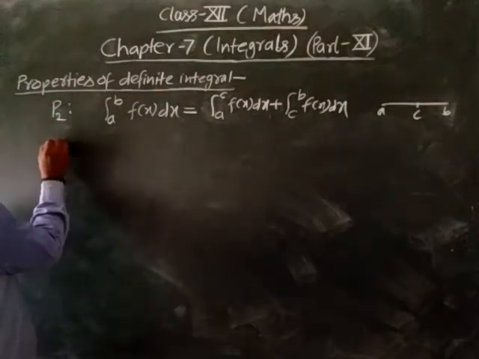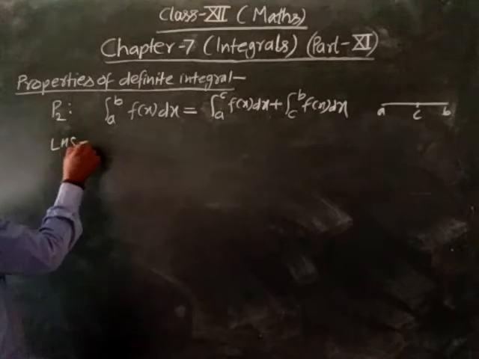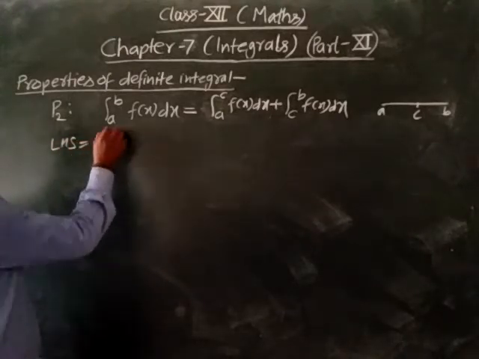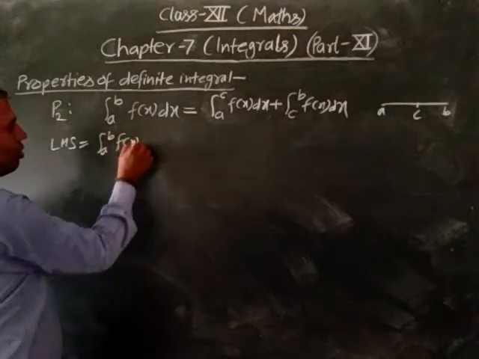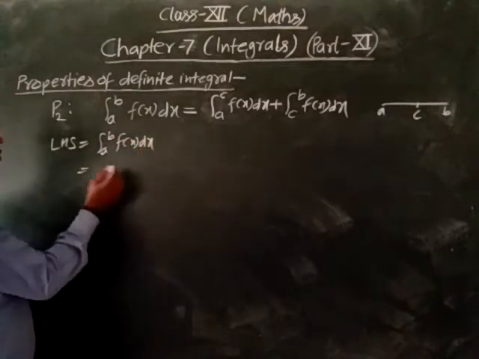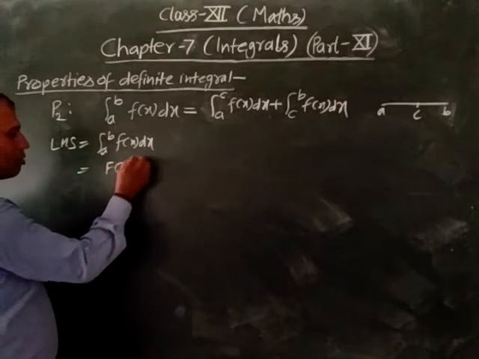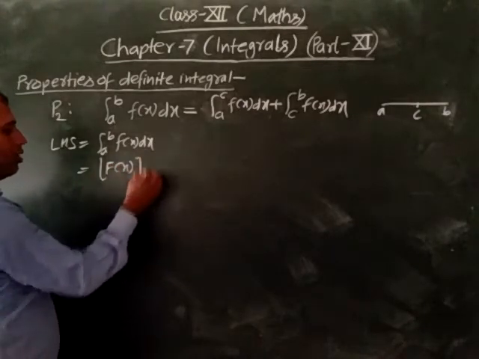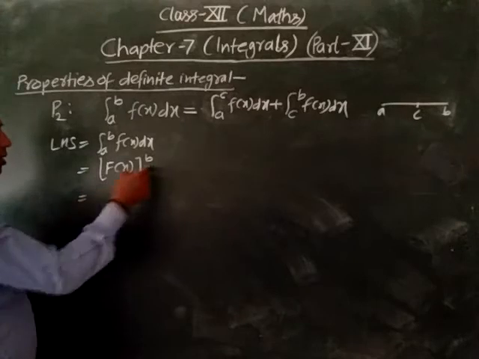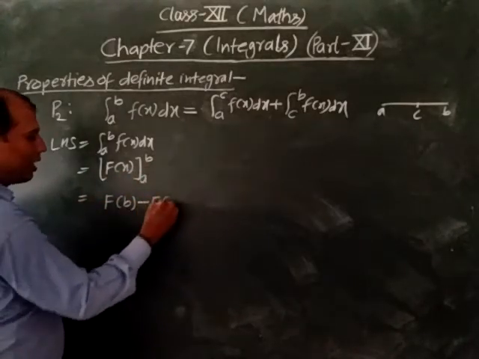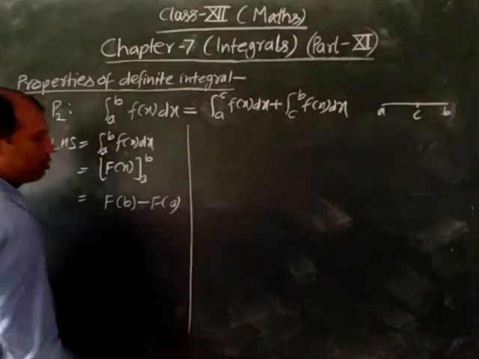Taking LHS, integral a to b f(x) dx, and suppose that the integral of f(x) is capital F(x), a to b, we put these limits on this, then we get F(b) minus F(a).